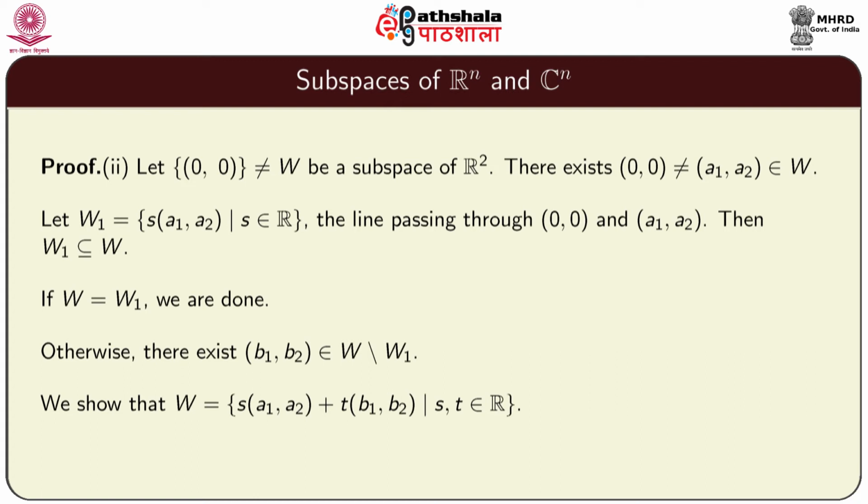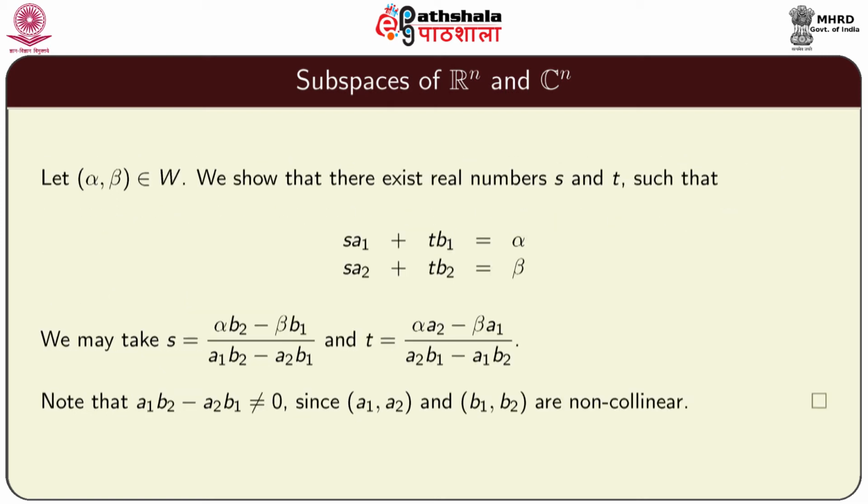Otherwise, there would exist an element B1 comma B2 which is in W but not in W1, and now we show that W is of this form, that is S A1 A2 plus T B1 B2, where S and T belong to R. Let alpha beta belong to W. We show that there exist real numbers S and T such that S A1 plus T B1 is equal to alpha and S A2 plus T B2 is equal to beta.